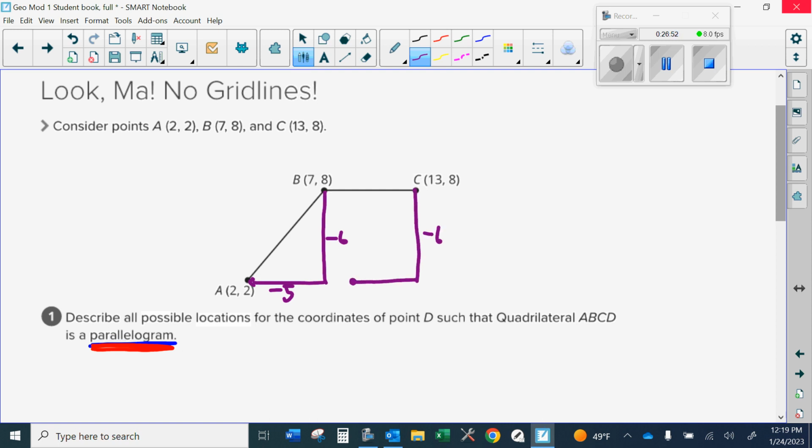Again there, down 6 and right 5, so it's going to be parallel right there. So if I go down 6, this point is 8 minus 6 is 2, and 13 minus 5 is 8. So it'll be 8 comma 2, where that point would be to make it a parallelogram.